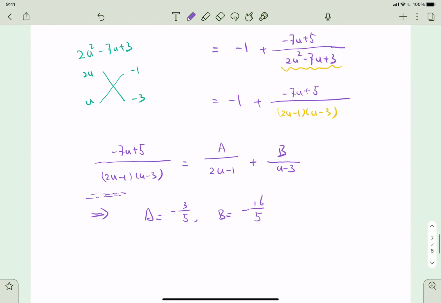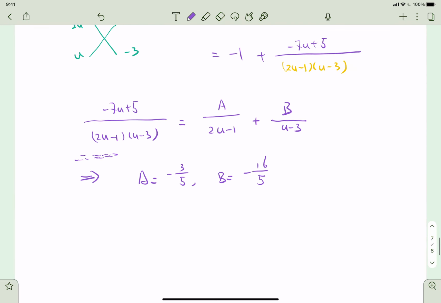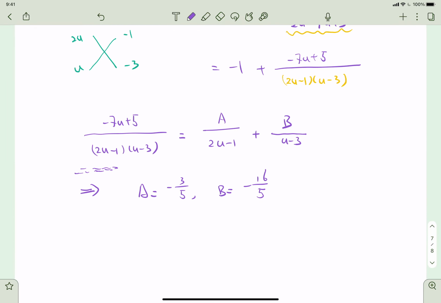Just multiply this through like what I did before, and plug in u equal to maybe 2 and 4, or whatever number you like, to figure out the constants a and b.